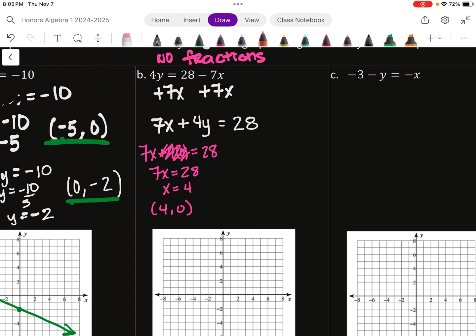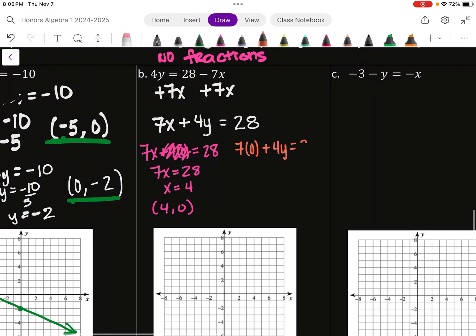To find my y-intercept, I plug in 0 for my x, or cover it up, because we know that this goes away, so I'm left with 4y is equal to 28. Divide. Y is equal to 7, but we don't leave it like that.